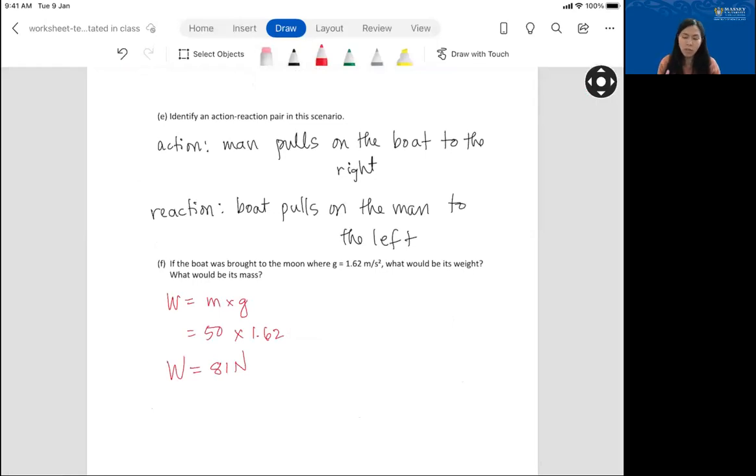Okay. So notice how the weight makes use of the mass, okay? And the weight is measured in newtons, and it depends on the gravitational acceleration. It depends on where the object is. Mass doesn't change. It's 50 kilograms. It doesn't change regardless of where the object is, regardless of what the gravitational acceleration is.